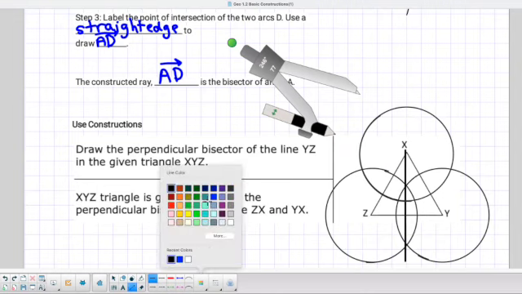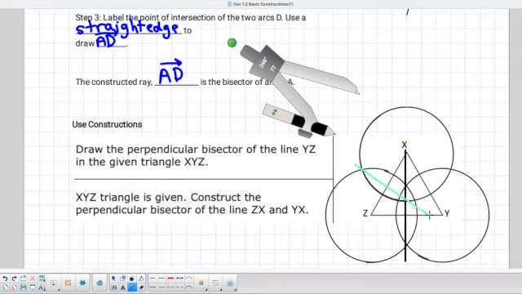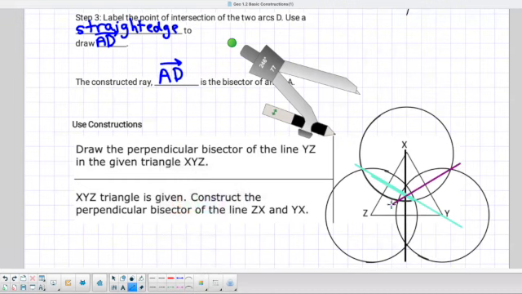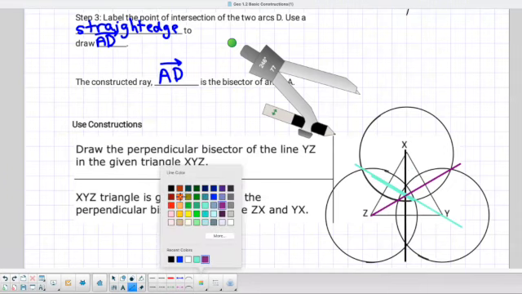I'm going to change the color so you can see it a little better. And then we have this line that goes through these 2 points for that side. And this line is going to go through these 2 points. And notice what's cool about that. I'm going to draw the black one again just so you can see the different colors.